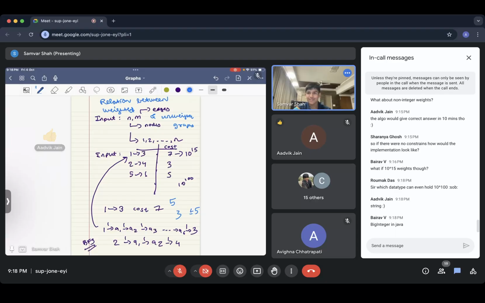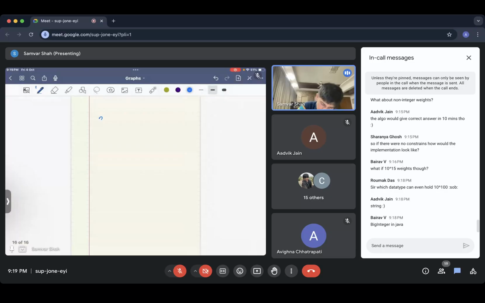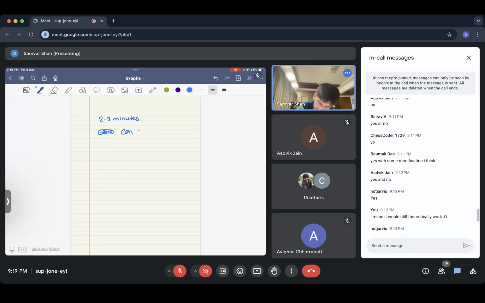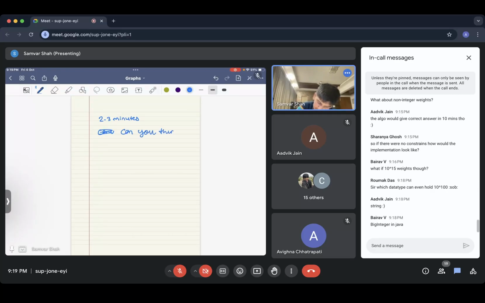Okay, so if all of this is clear, I'm actually going to give everyone 2 to 3 minutes here. Can you think of any algorithm to solve the shortest path by cost in a directed and weighted graph?